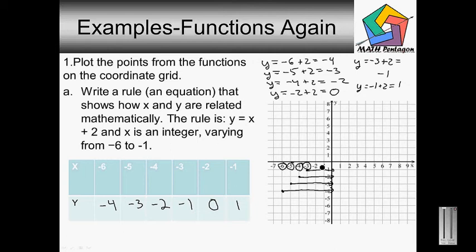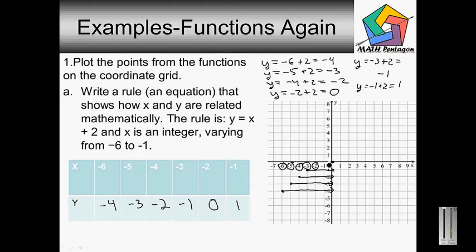And then our next x coordinate is negative 2, and our y coordinate would be 0, so you put the point right here, right in the middle, the origin.